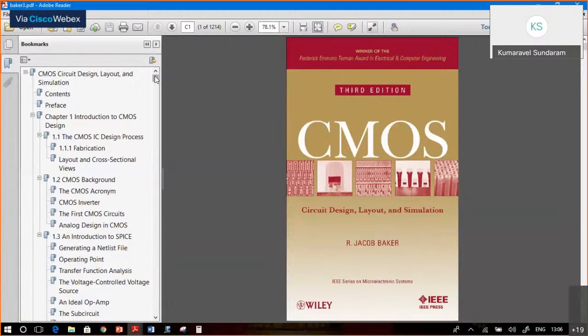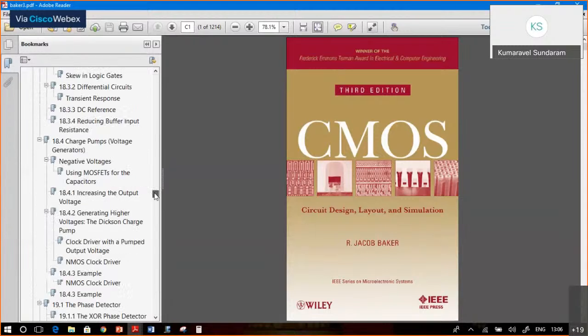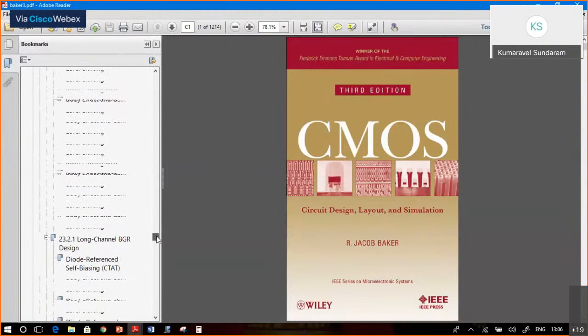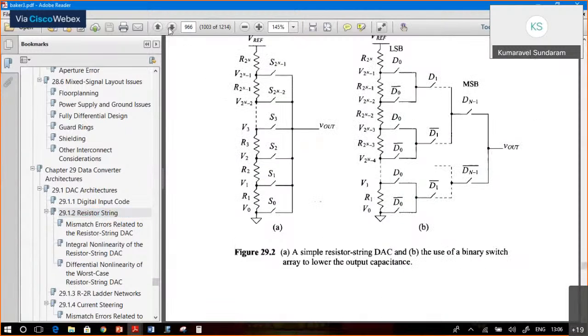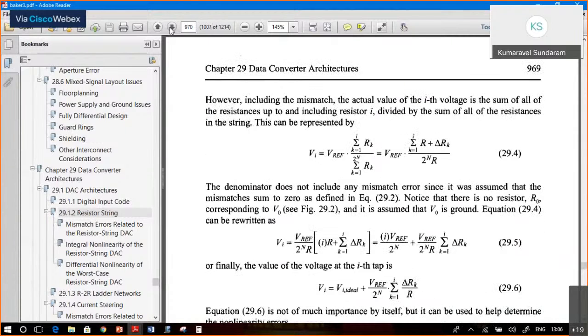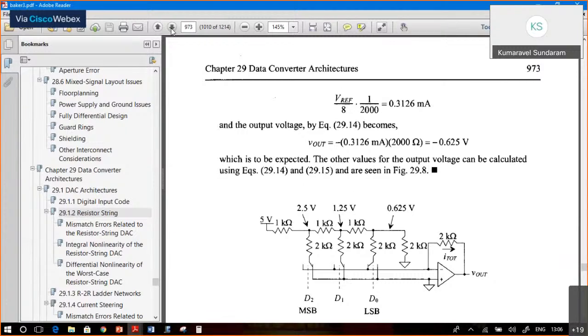You can refer to all the material, whatever I have taken is from this textbook. The resistor string and everything, I have taken from this textbook. Line by line, when you start reading, you will probably be in a position to further explore your thoughts on these architectures, and you can come up with a good publication.